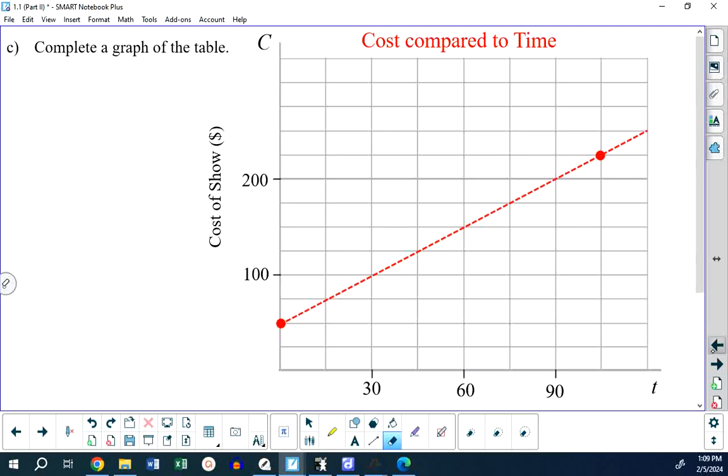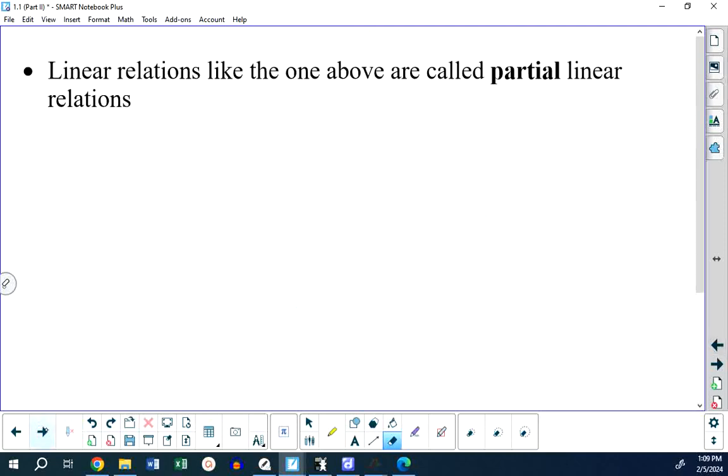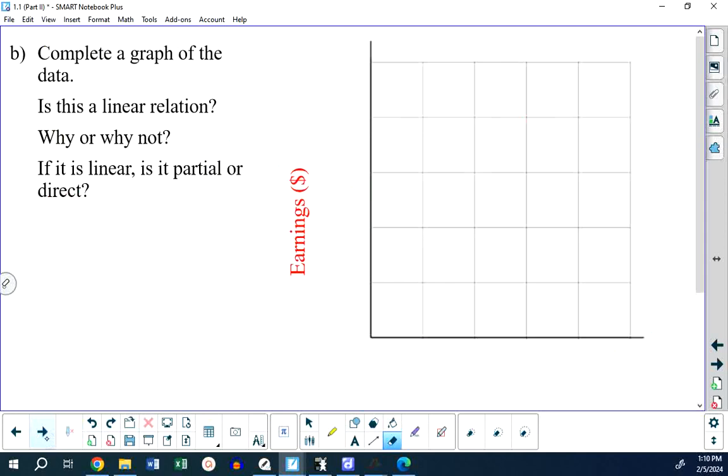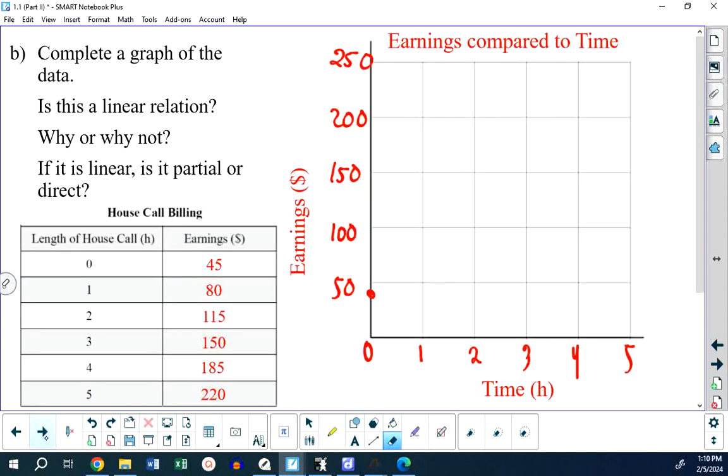So when we plot this, why don't we just plot the 45, and I think 45 is about here. I noticed that many of you plotted it already because I can see some of you erasing it and replotting it. It's pretty close to 50. And this data point is a nice one to use, 3, 150, because it's not 80 or 115. So at 3, we can put a data point at 150, and then draw our line.